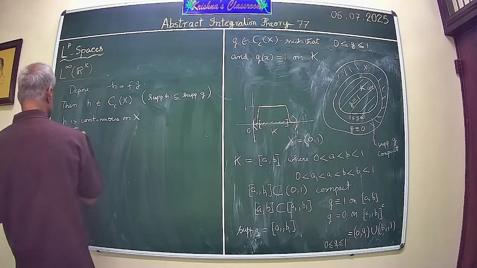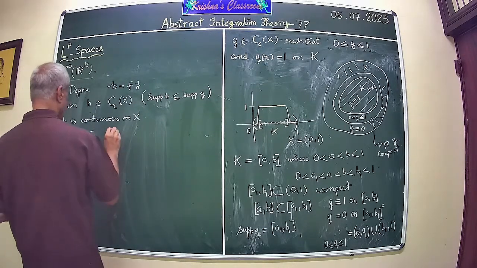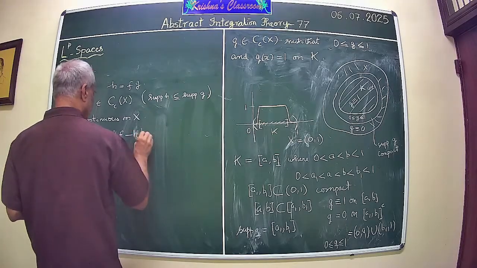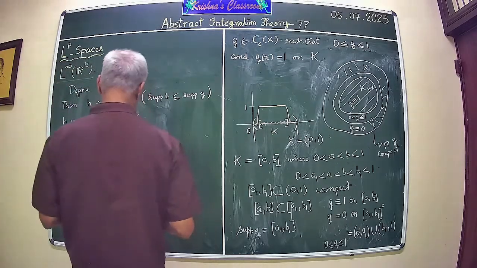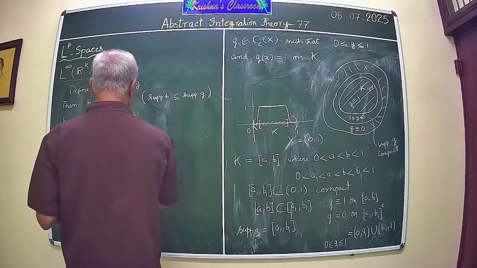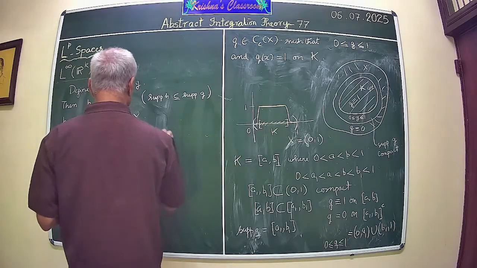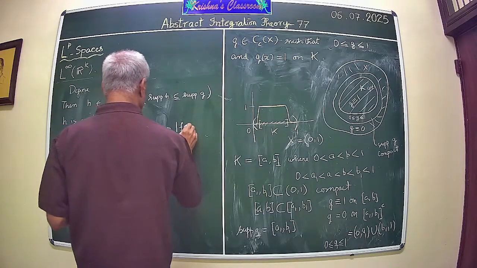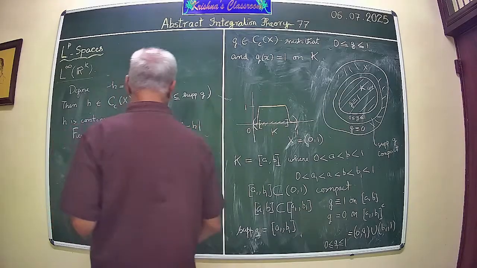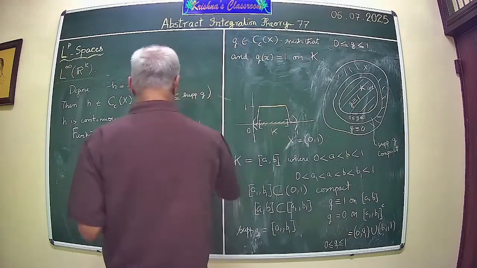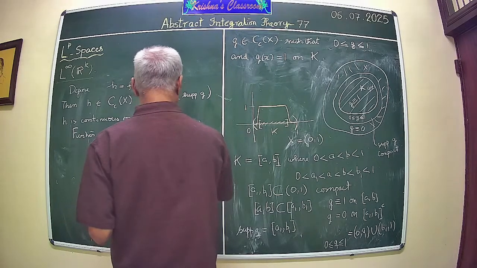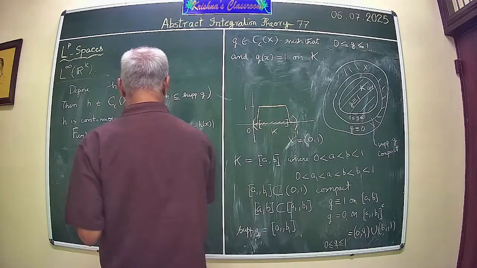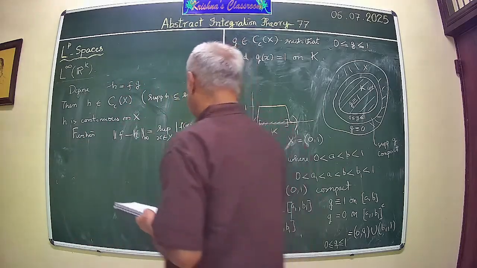Further, the norm of f minus h, and this is of course less than epsilon.